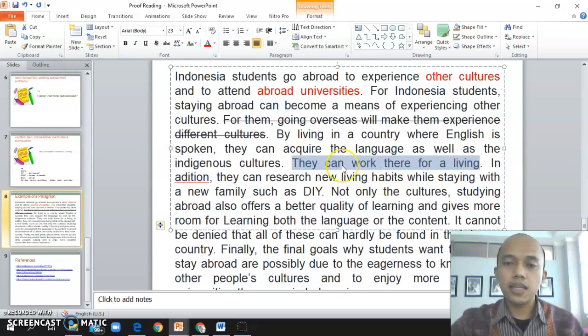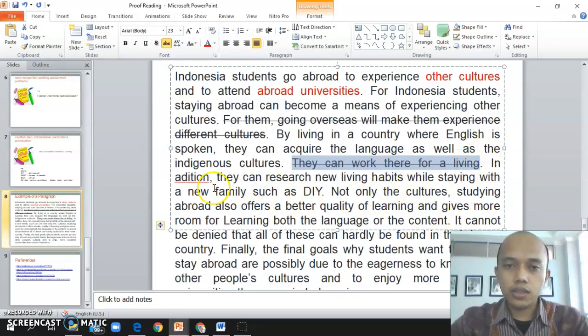So it means that this sentence hinders the focus, making the focus of the paragraph lower. Therefore we need to omit this sentence as well.